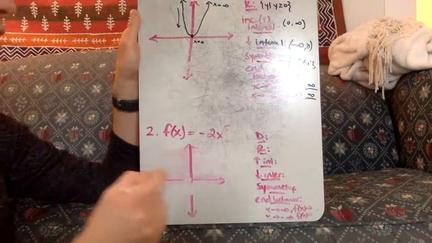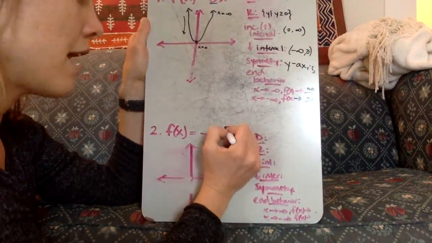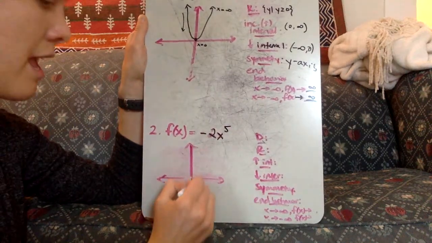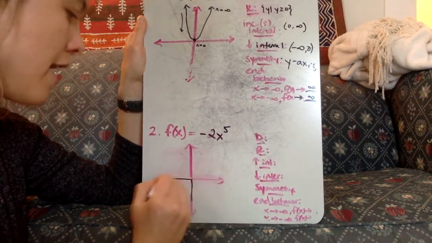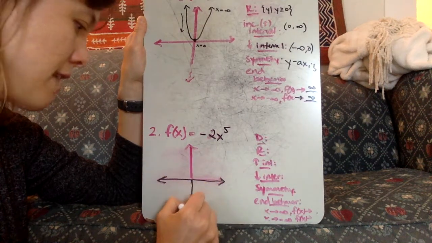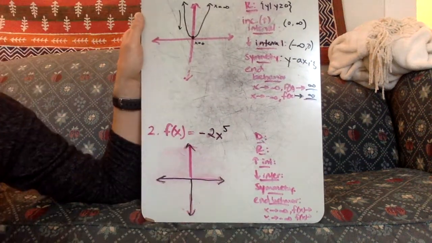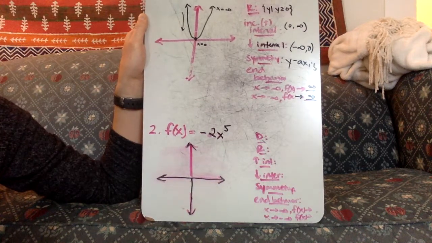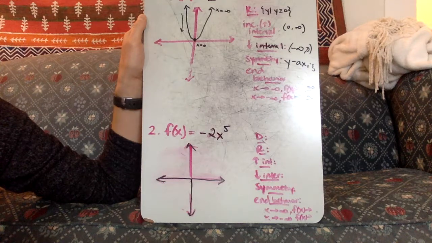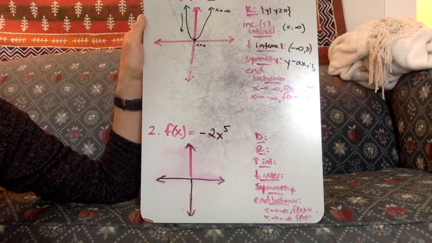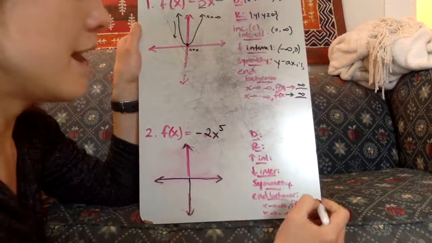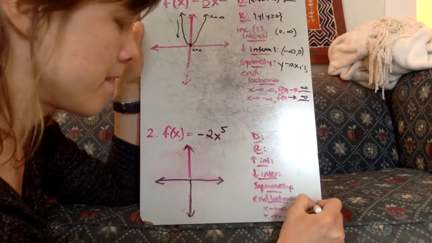The second example that I want you guys to outline with me is a negative coefficient and an odd exponent. So this was the last one that we did, right before we started these examples. And so when I have an odd power and a negative coefficient, remember that as x approaches infinity, f of x approaches negative infinity.